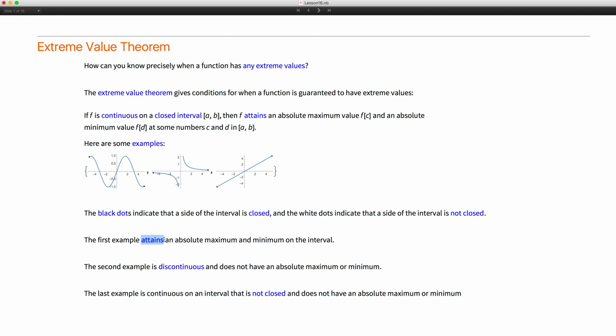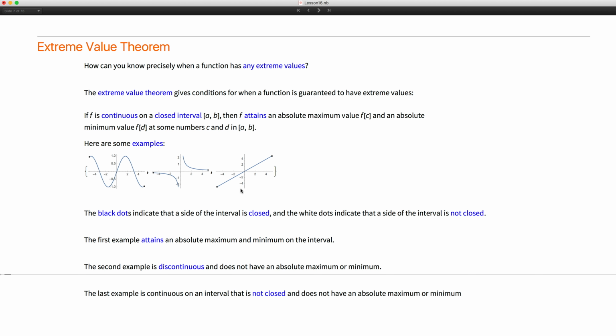On the other hand, the second example is not in the scope of the discussion today because over here you have a function which is not continuous. You can see over here that it's got a break in the graph. So the theorem does not apply, and you do not need to worry about whether there are absolute maxima or minima. But of course, in this case, you actually do not have them because the function seems to go off to minus infinity over here and plus infinity over there.